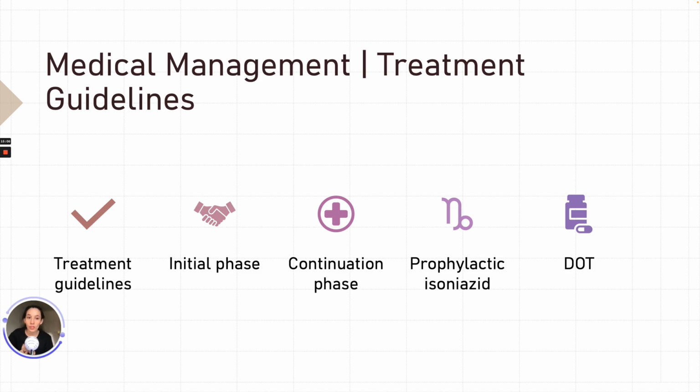The continuation phase of the treatment includes INH and rifampin, and lasts for an additional 4 to 7 months. A prophylactic isoniazid treatment involves taking a daily dose for 6 to 12 months.